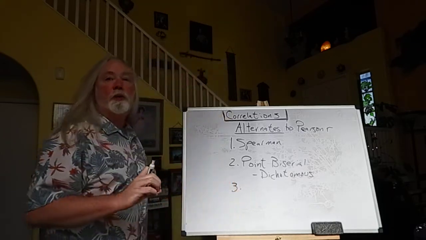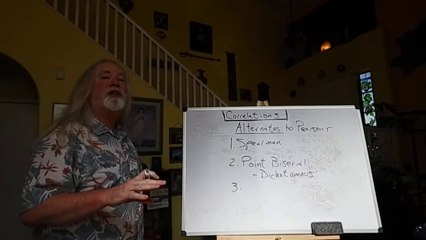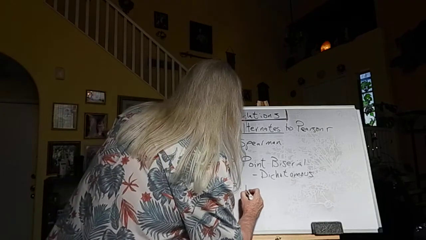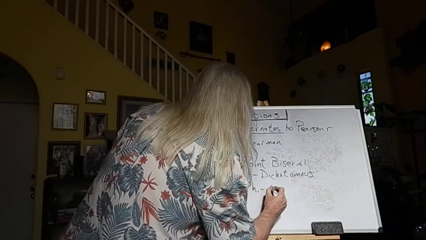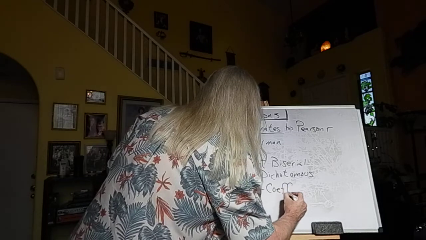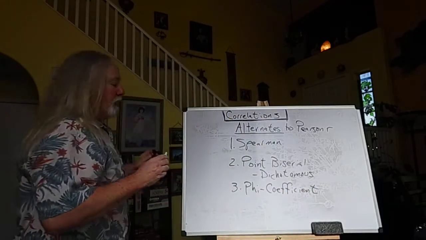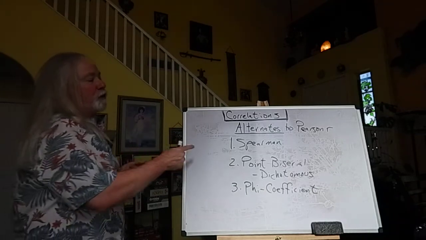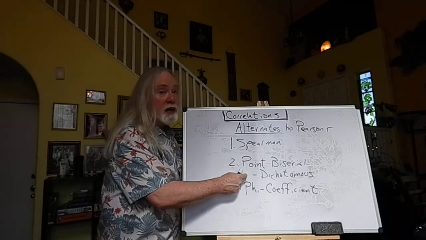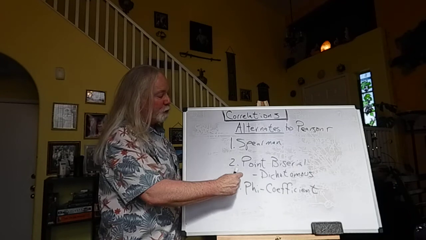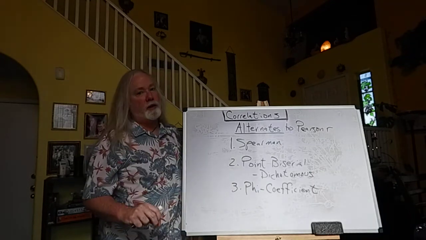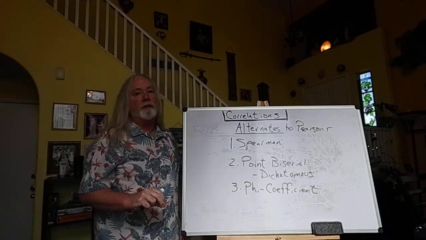Our final option that's in the book that we'll discuss here is called the phi coefficient. We use the point biserial when one of our two variables is dichotomous. We do the phi when both variables are dichotomous.